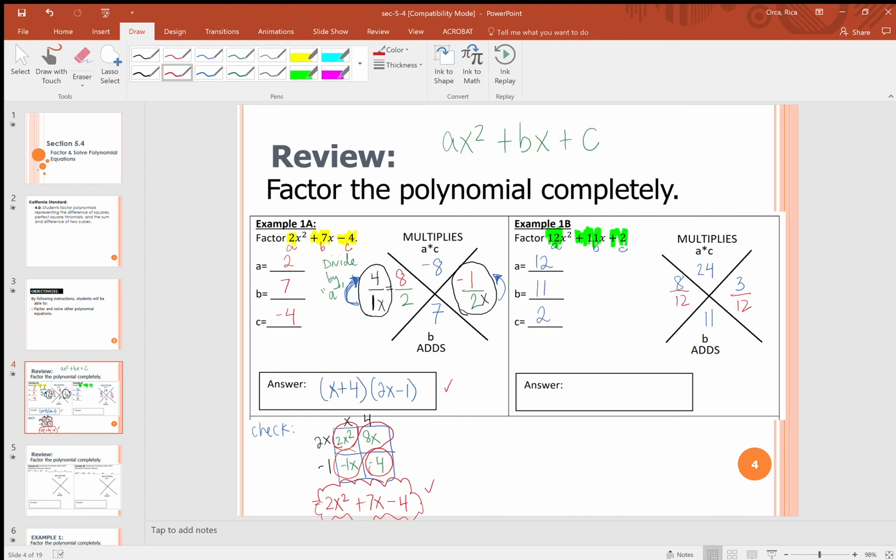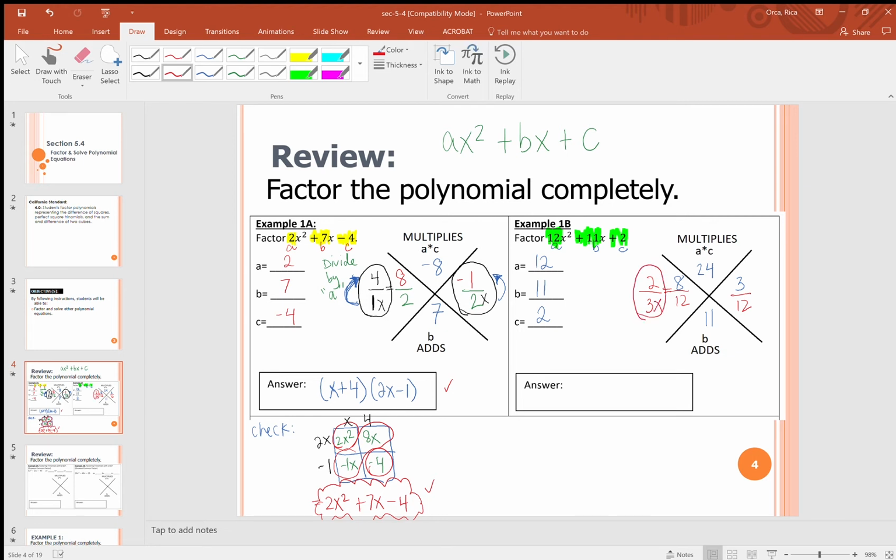Once you have those, reduce the fractions. 8 and 12 are both divisible by 4. 8 divided by 4 is 2. And 12 divided by 4 is 3. We can't reduce 2/3 anymore, so let's go ahead and put an x at the bottom.